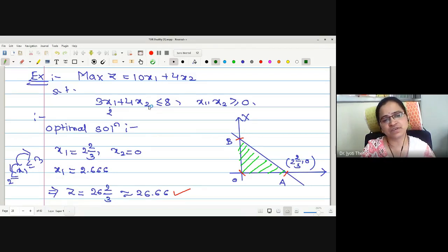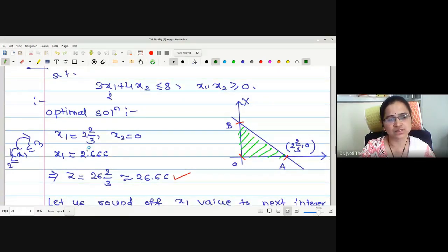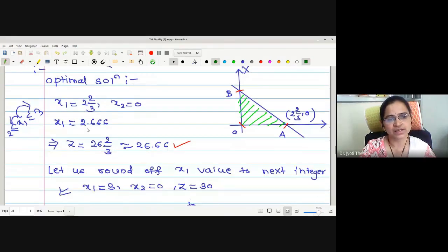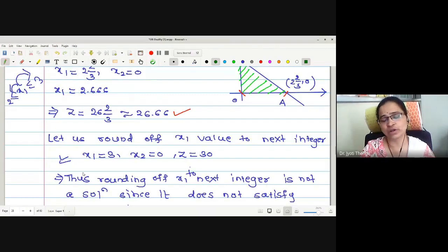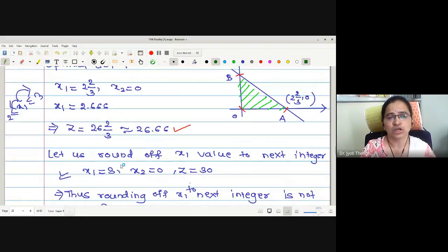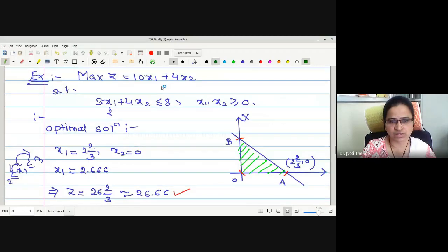For this, we took a small example with only one constraint. The optimal solution of this problem is x1 is 2 and 2 by 3, x2 is 0, that is, x1 has a value of 2.66. If we round off the value of x1 to 3, it is not a solution because it does not satisfy the constraint.